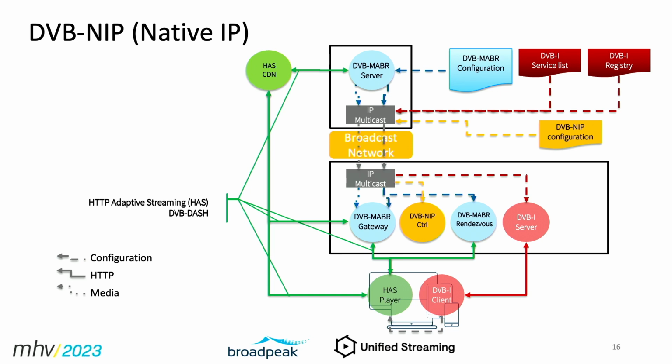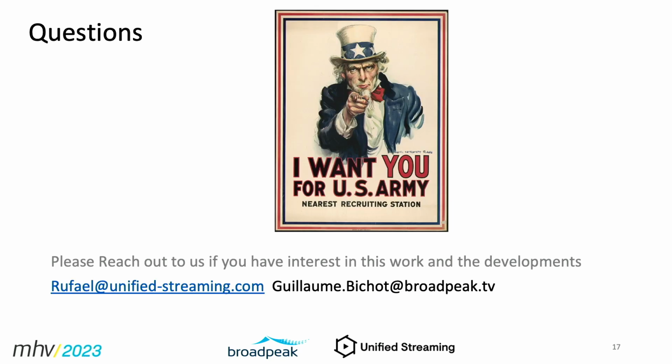DVB NIP as a specification is also based on MABR, DVB-I, and the DVB MABR gateway, all these modules in the same box. And one specificity I would add is that DVB NIP can run without unicast at all. That's it. Thank you. And if you have questions.